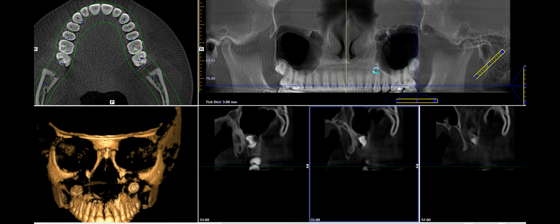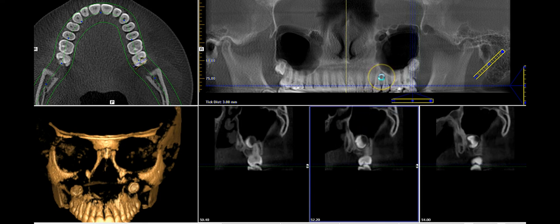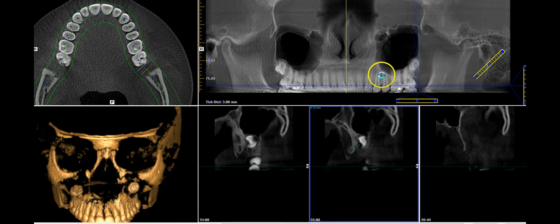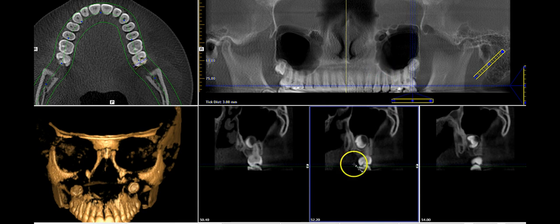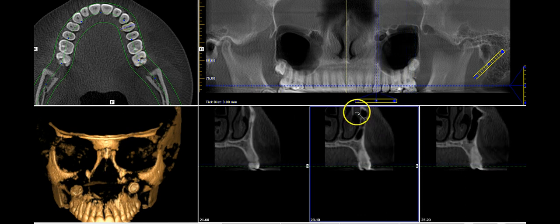All right, and now you can see the greater palatine, right? Third molar, like we talked about. The distance is about 9 millimeters here, but this is the greater palatine. You can see, boom, right there, coming out. Okay, so those are all three maxilla structures we talked about. Let's come back here.